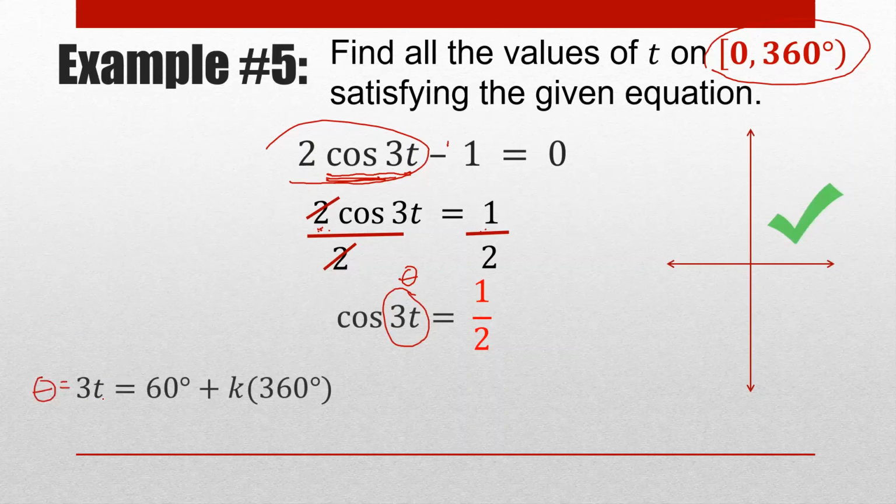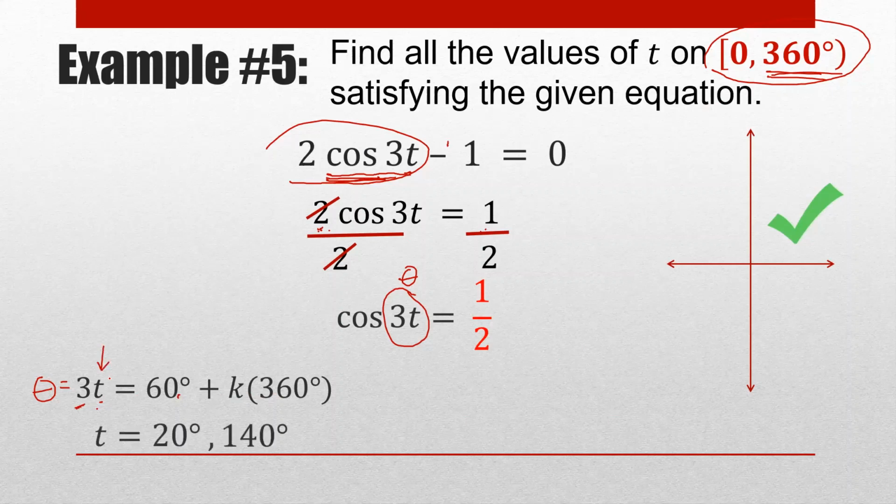So, kung 60 degrees siya, nilagyan lang natin ng k 360 degrees kasi titingnan natin kung saan aabot yung ating t value kung hanggang 360 degrees lang. So, dividing both sides by 3, kasi para ma-solve natin yung variable t, this will become 20 degrees.